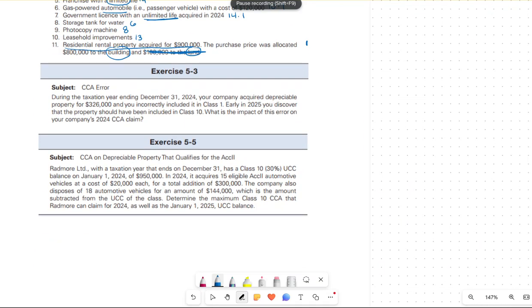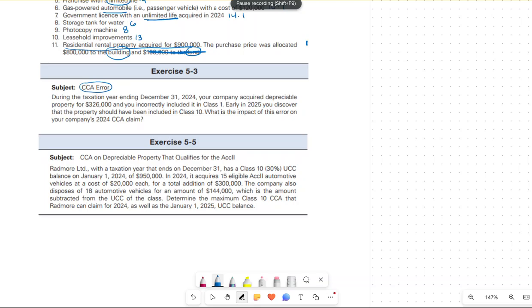Now we're going to go to exercise 5.3. We have a mistake. We want to know, did we take out too much CCA or did we not take any CCA? So we needed to know which class they are in, in order to find out the percentage.